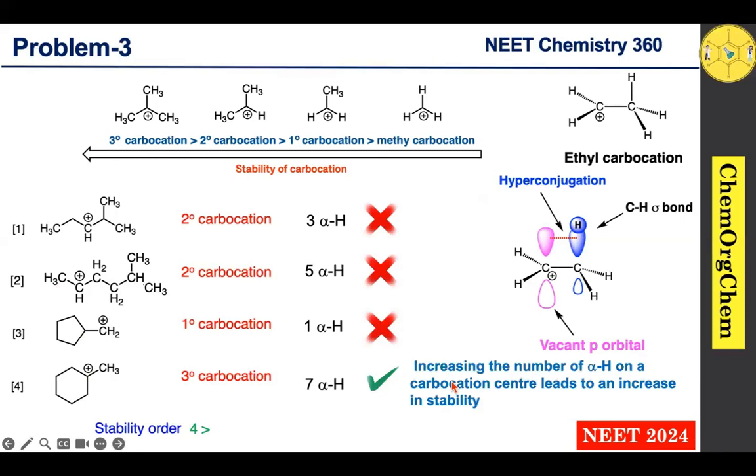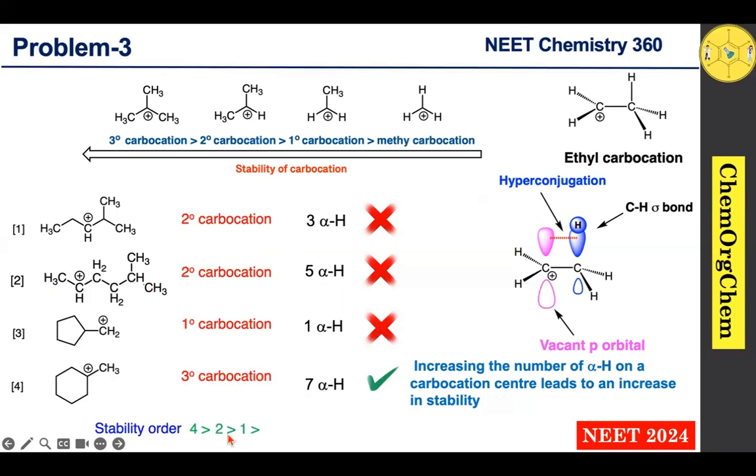Increasing the number of alpha hydrogens on the carbocation center leads to an increase in stability. Based on that, in these two secondary carbocations, the second option is the most stable one since this carbocation is surrounded by 5 alpha hydrogens.